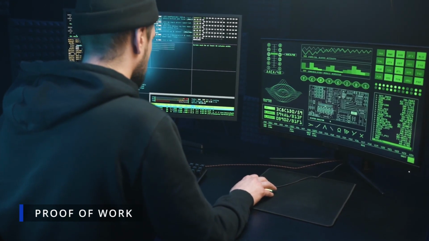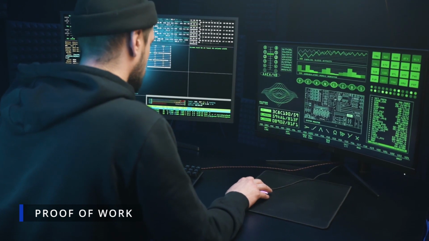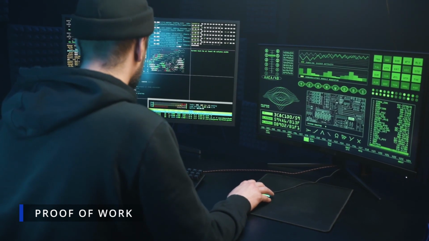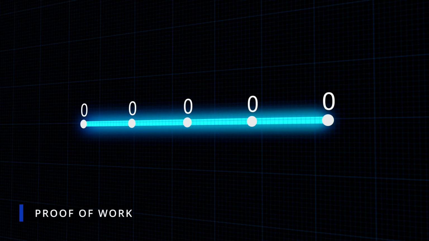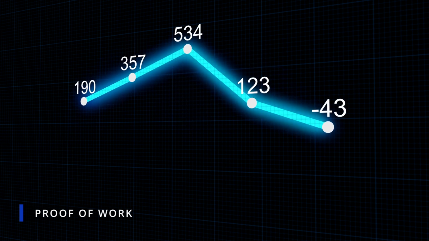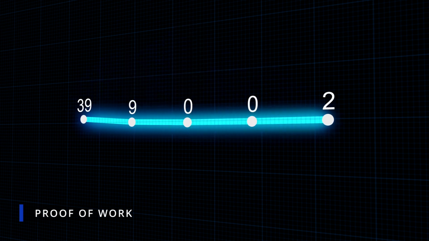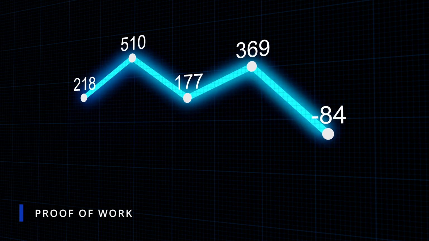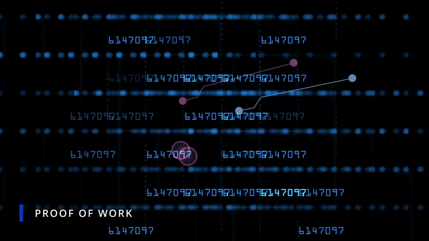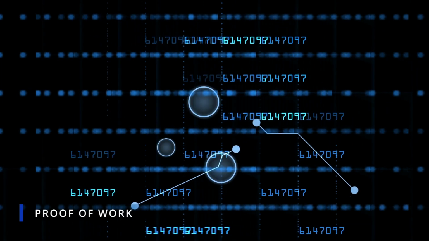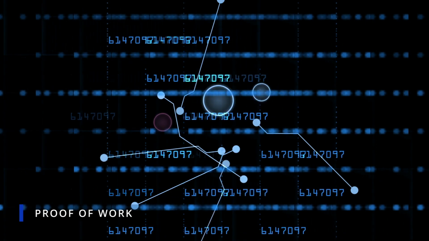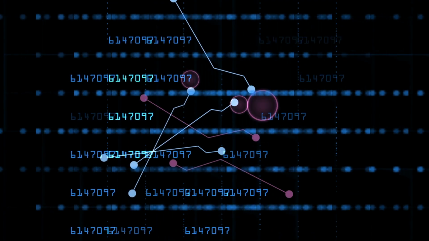The first miner to solve the puzzle gets to add the next block to the blockchain and earn a reward in the form of cryptocurrency. This process of solving the puzzle is called mining, and it helps to ensure that transactions on the blockchain are secure and tamper-proof. The complexity of the mining puzzle is adjusted to maintain a consistent rate of block production, typically around 1 block per 10 minutes.